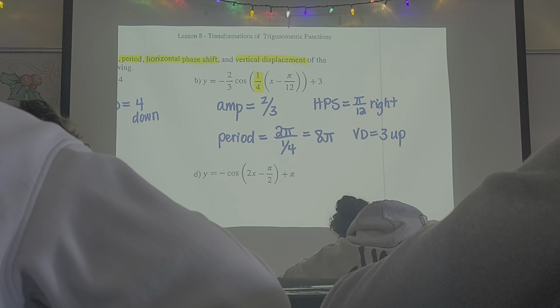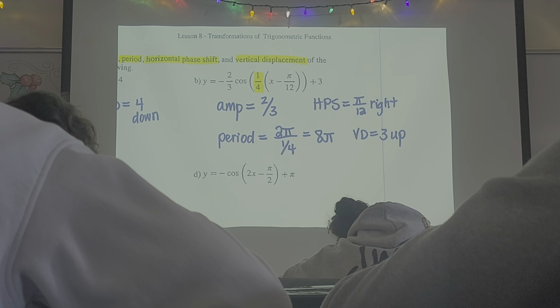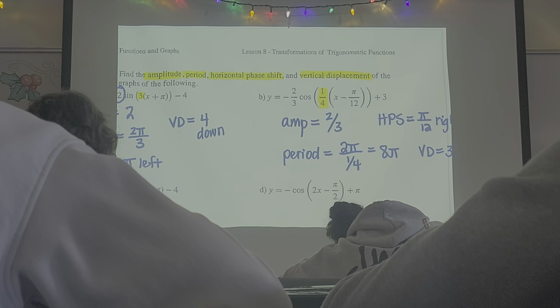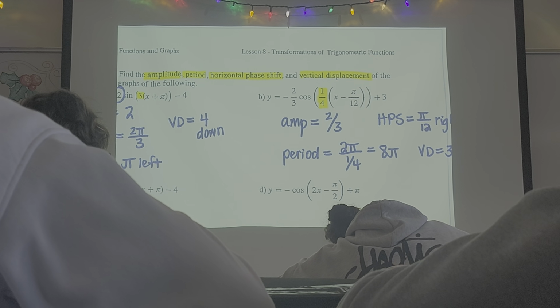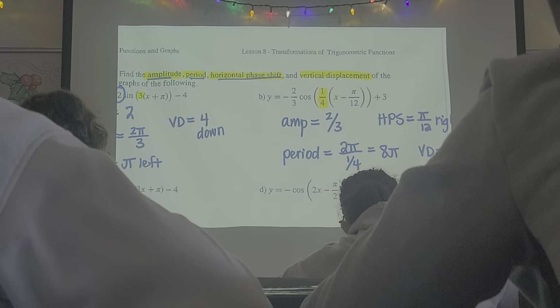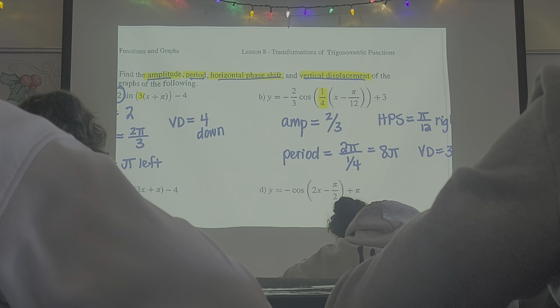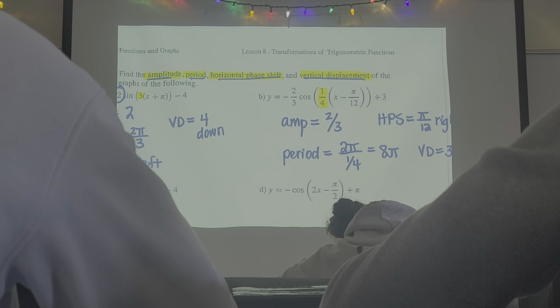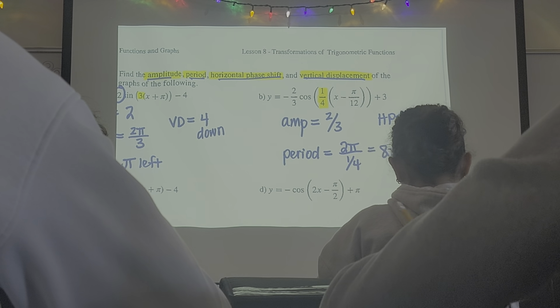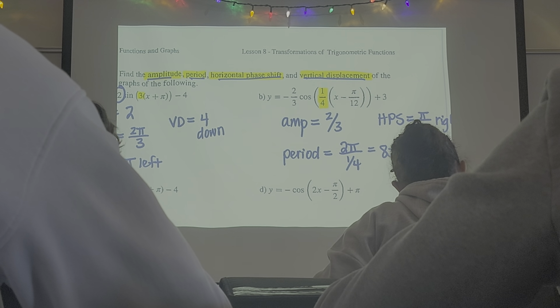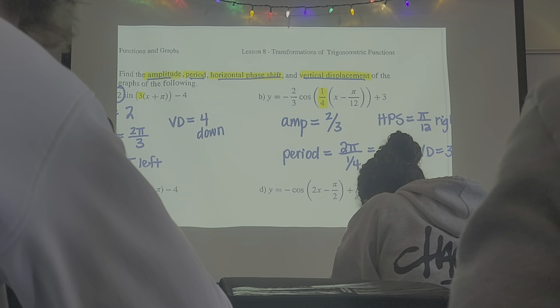Would we not state the reflection? Nope, because they're just asking for those 4 things: amplitude, period, phase shift, vertical displacement. If it said to describe it, then I would say a reflection on the x-axis.